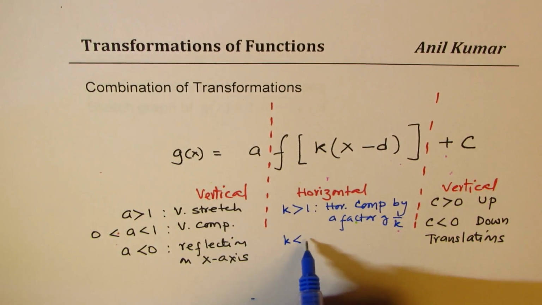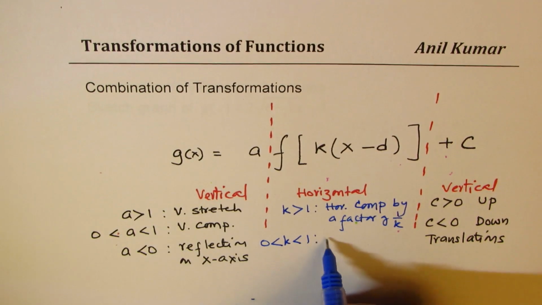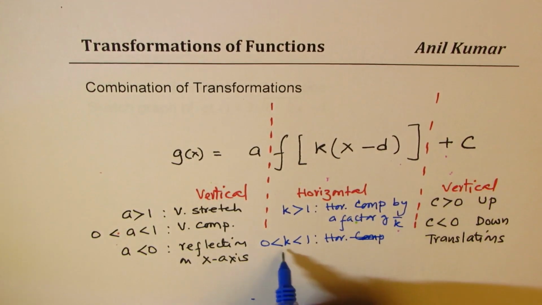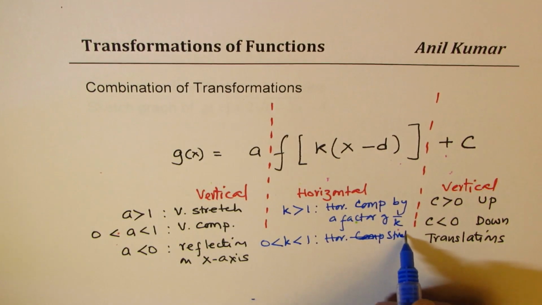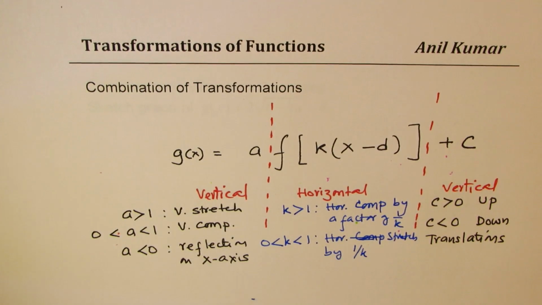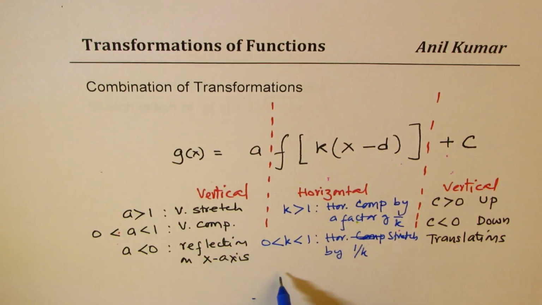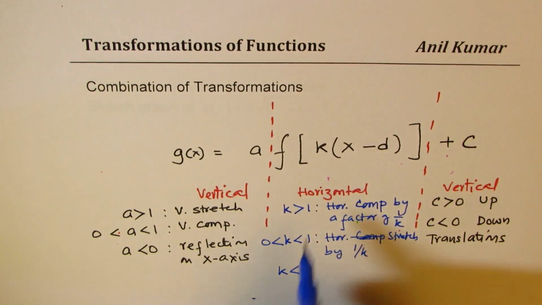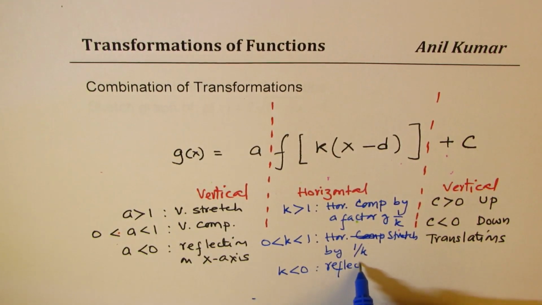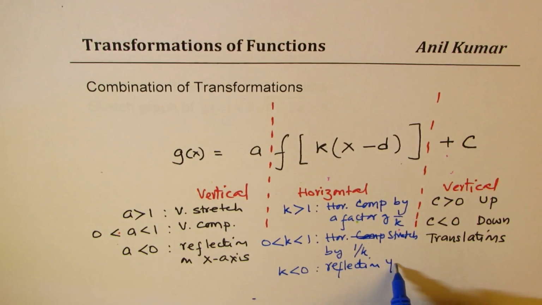But if k is less than 1 but greater than 0, then it is horizontal stretch, right? By 1 over k. That's kind of important to understand. Now what happens when k is less than 0? It means k is negative. It means it is reflection on the y-axis.